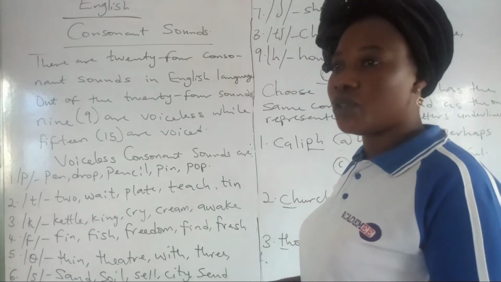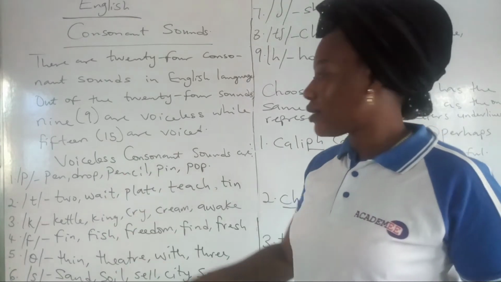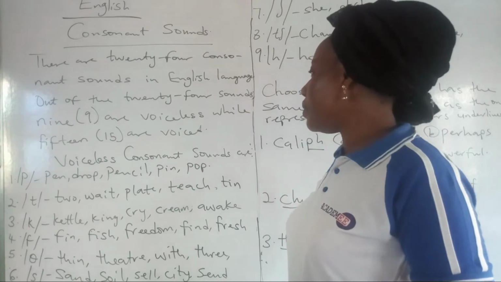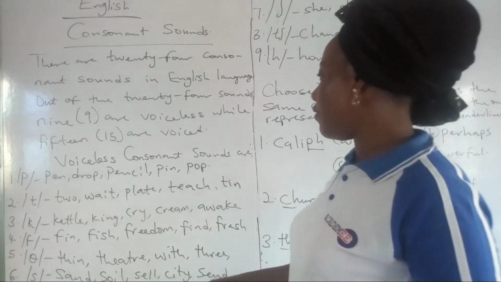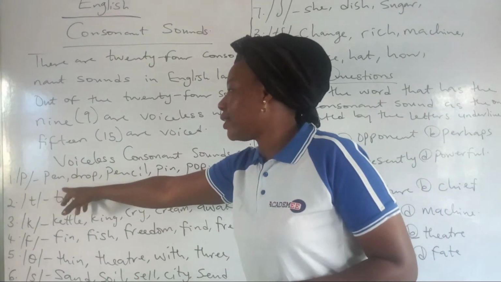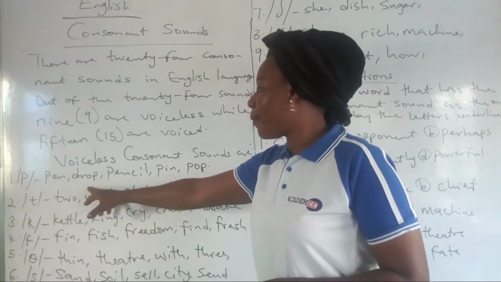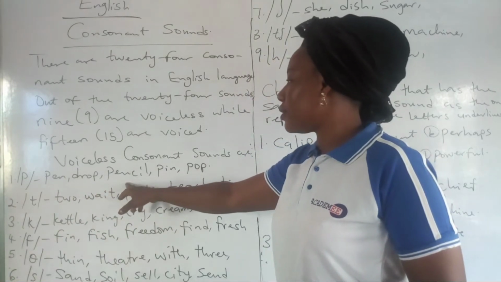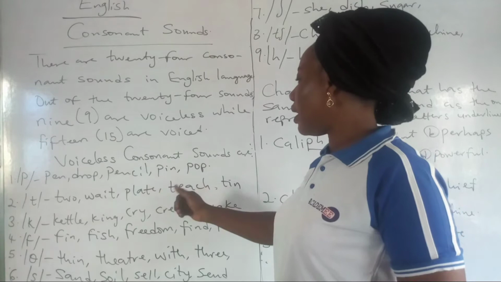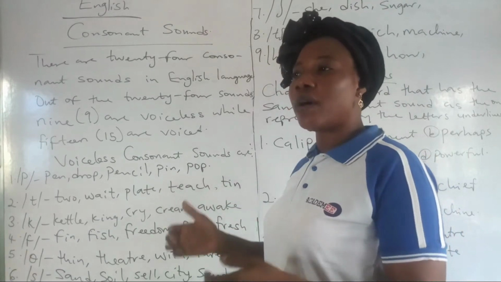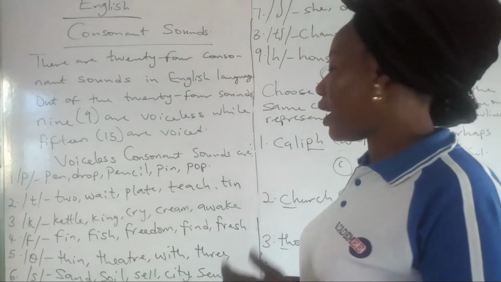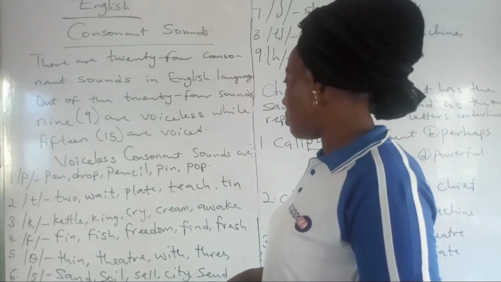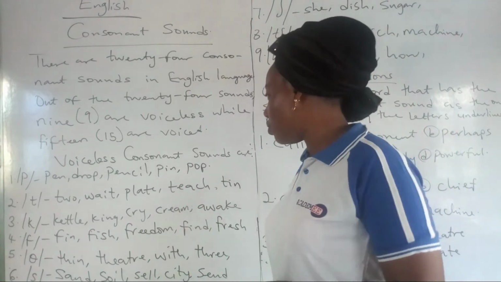But because of the nature, you cannot hear it. But in the examples, you'll be able to hear it better. For instance, we have this in pen, drop, pencil, pin, and pop. Some other words also have it, and we cannot continue to mention them. The examples are just to mention a few of them.